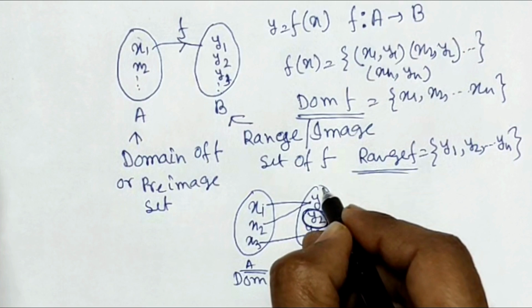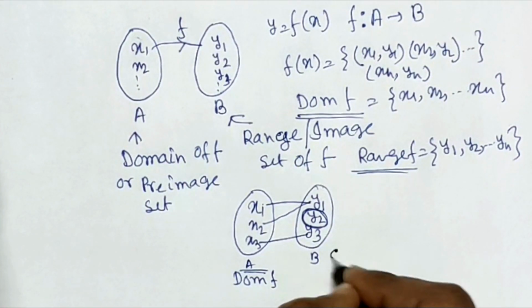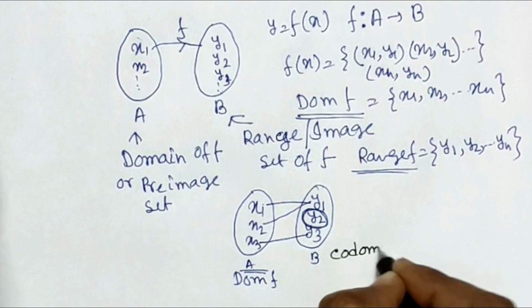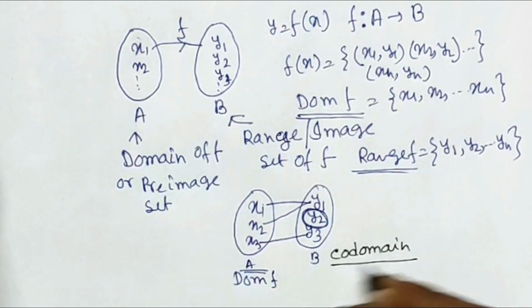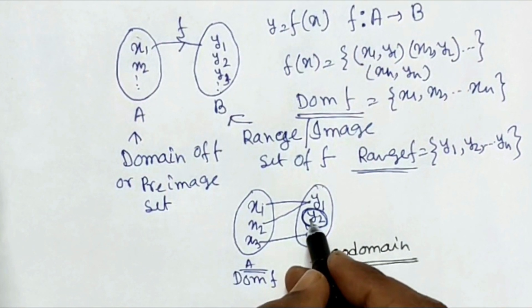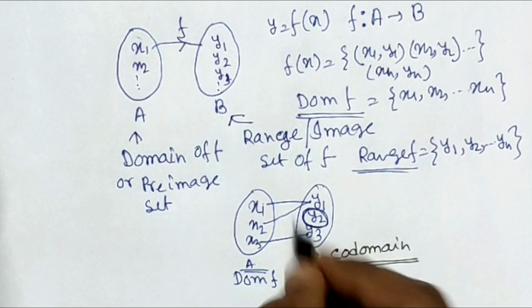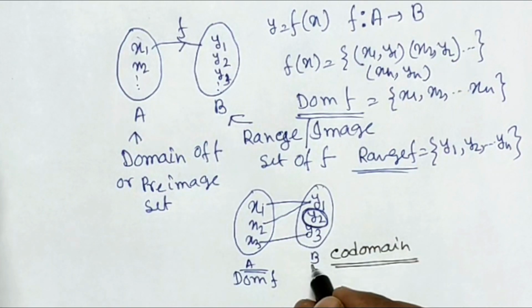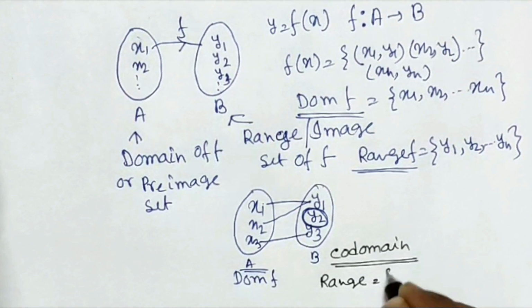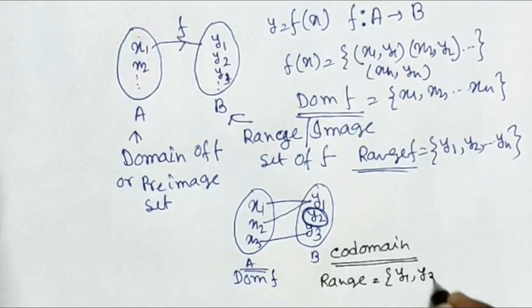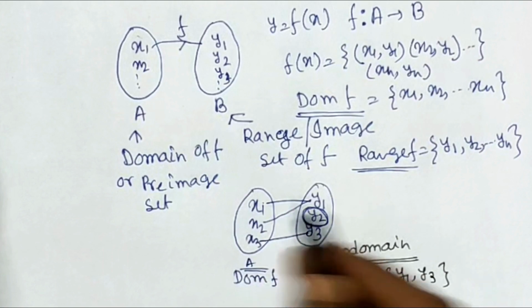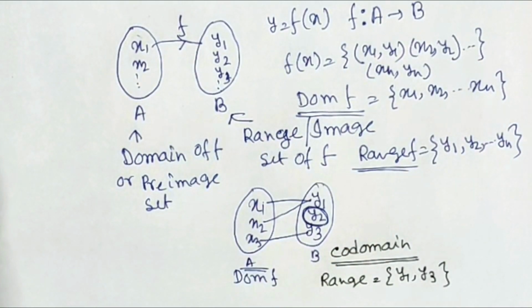Then the set B is said to be the codomain, because here the range set does not contain all the elements of the set B. Here the range is y1 and y3, because the elements of the domain set are related to y1 and y3 only.